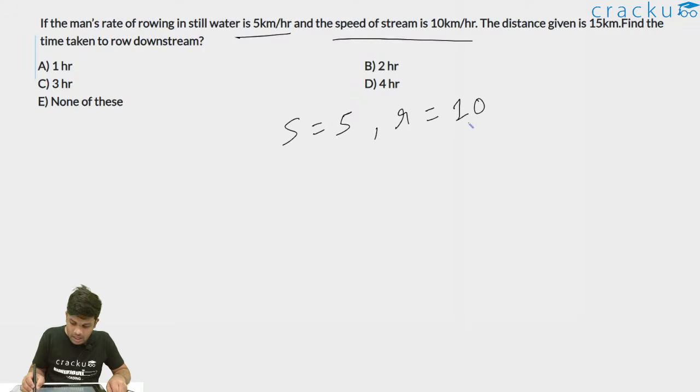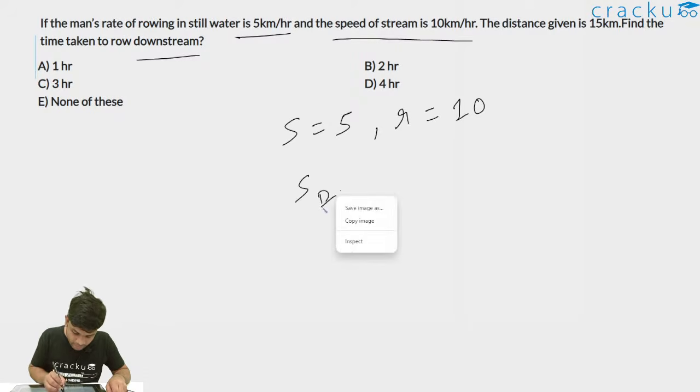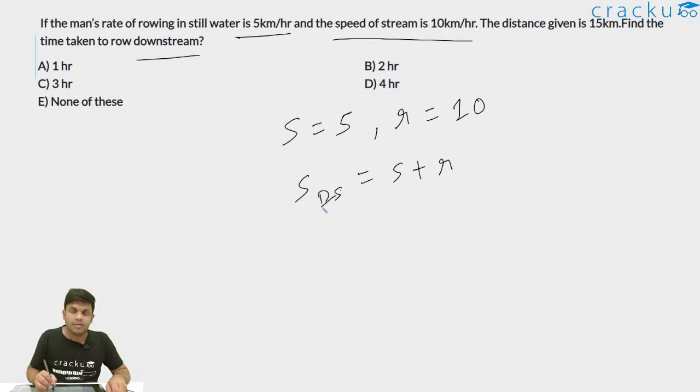Okay, and he is rowing downstream. So the speed in downstream will be S plus R, because when the boat is rowing downstream, the river will increase the speed, so it will be in addition. So it will be 5 plus 10, which is equal to 15 kilometer per hour.